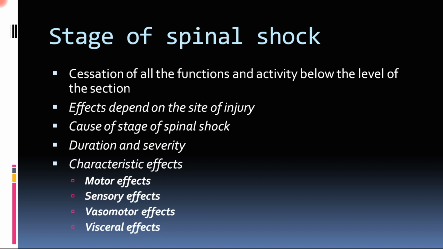If the discharge is not coming from the autonomic centers of the brain, what will happen to the vasomotor outflow will also be a characteristic feature. Then the visceral effect, that means the control of the viscera, the reflex activity of the viscera will also be affected in the case of spinal shock.